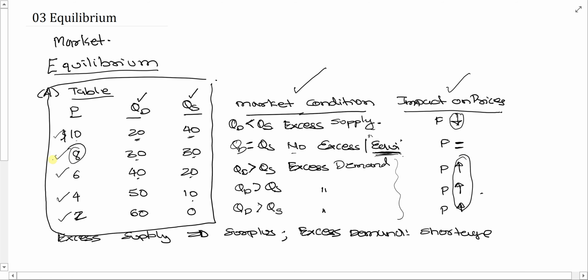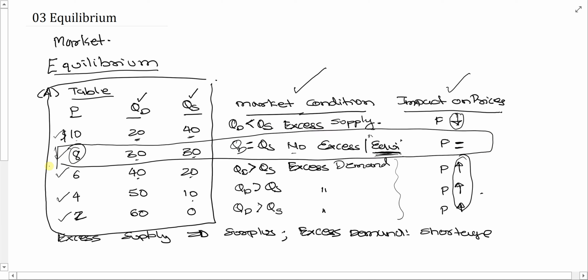But at this level, prices will stop moving, or what we call there will be equilibrium in the market, which is basically a situation where QD is equal to QS, quantity demanded is equal to quantity supplied. We'll use Q star to represent equilibrium quantity and P star to represent equilibrium price. So in this case, P star is 8 and Q star is 30.